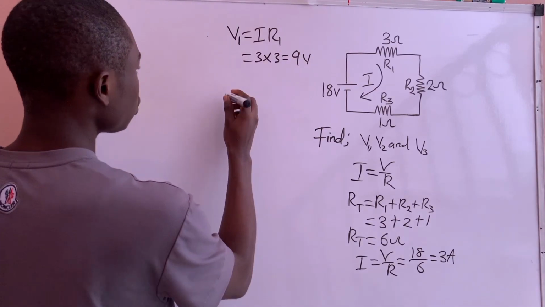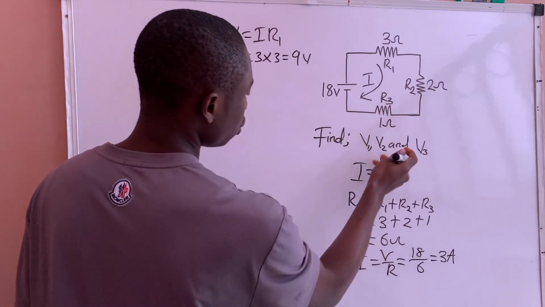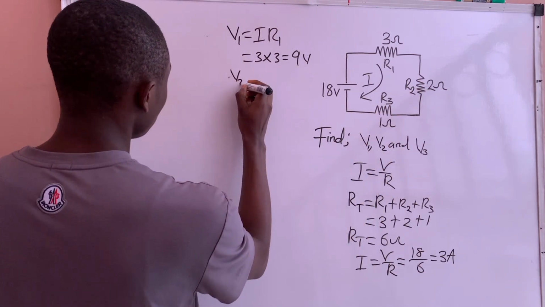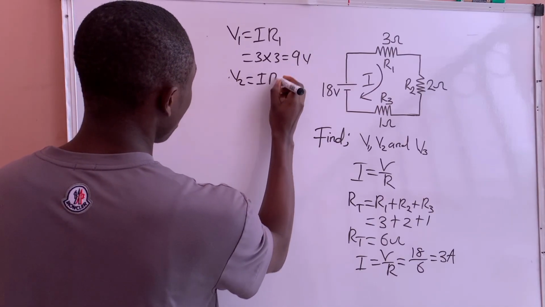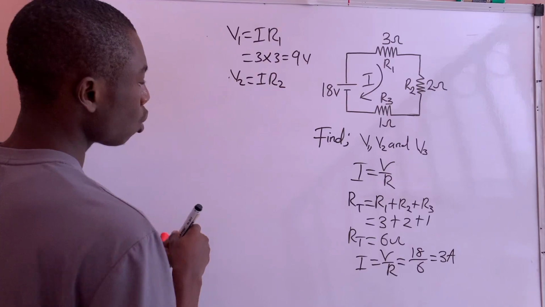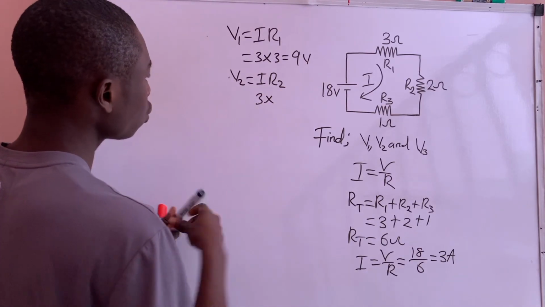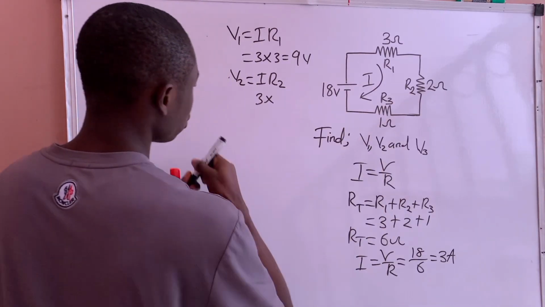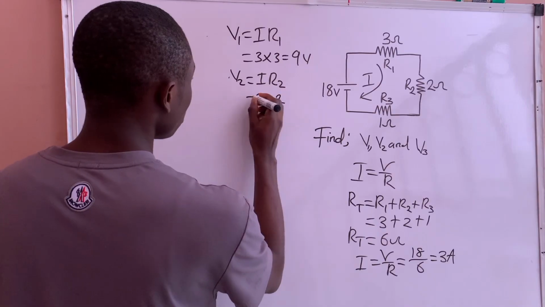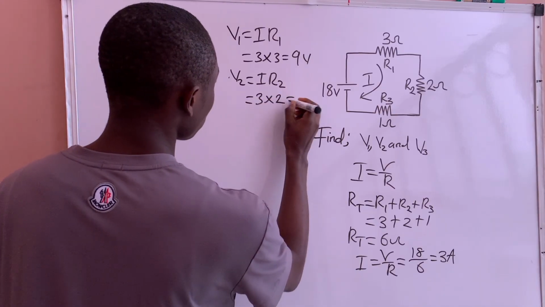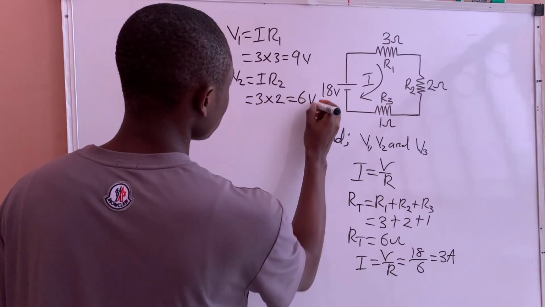The voltage that will drop across R2, which is V2, will now equal I times R2. The current is 3, and the resistance value of R2 is 2 ohms, so 3 times 2 will give us 6 volts.